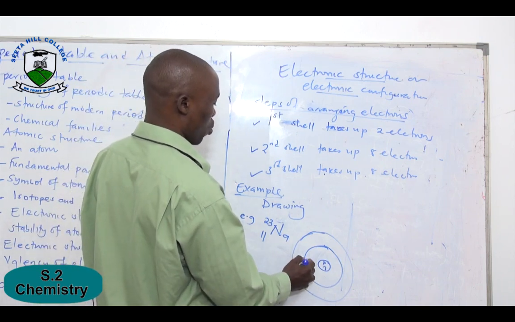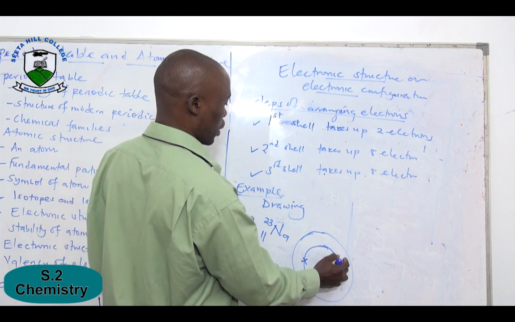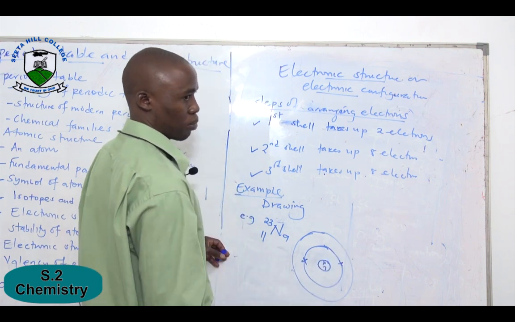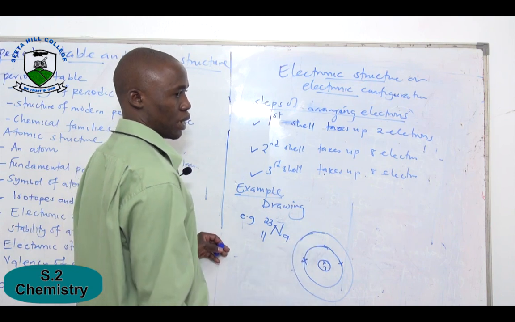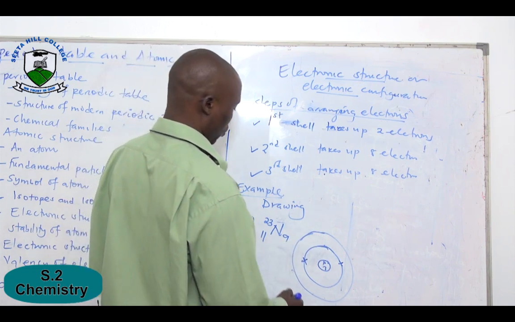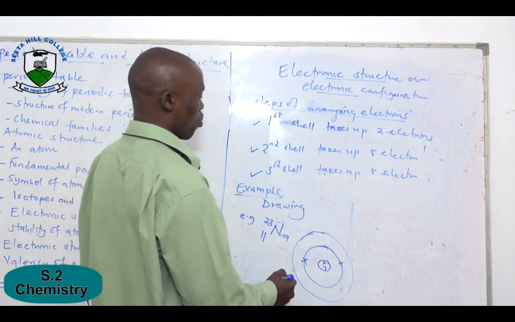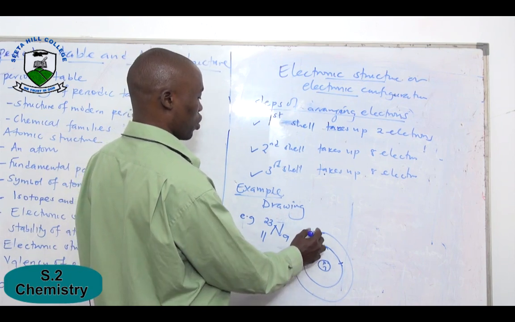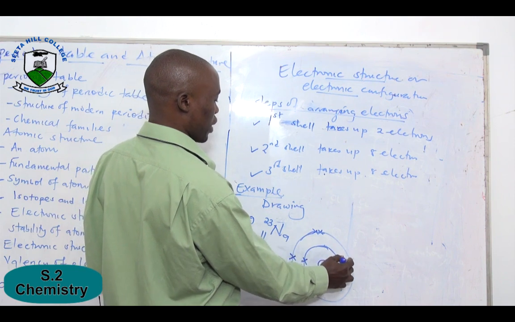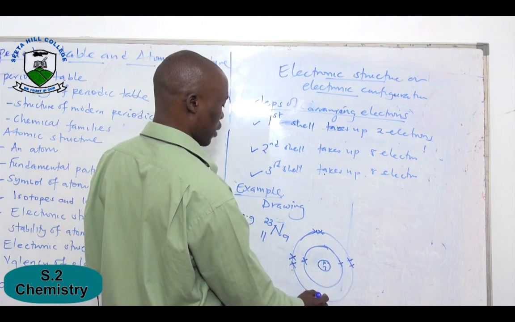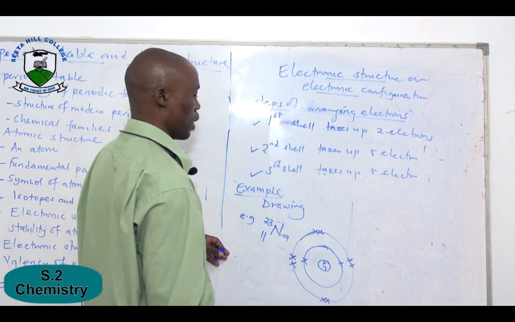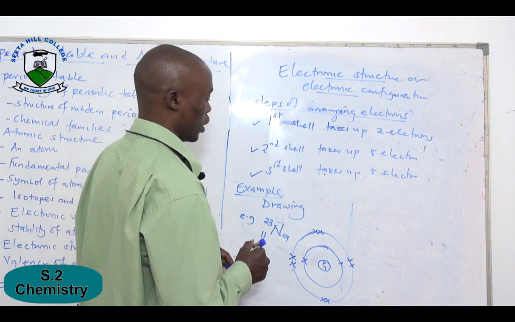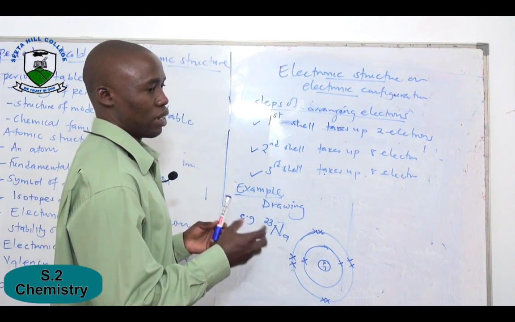2. We can use a cross or we use a dot, zeros, or you use the actual E. See. Now the next one takes how many? 8. And the electrons always sit in pairs. Did you hear that? They sit in pairs to stabilize, to make each other comfortable.